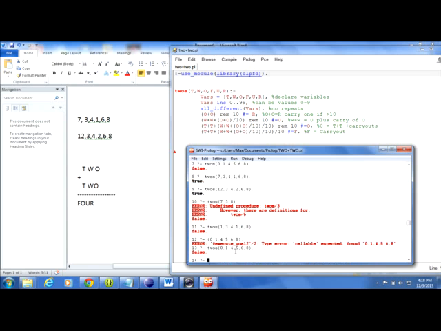However, we're going to fail because these don't work out. T plus T should equal O. However, here we specified that T was 0 and O was 4. So that obviously wouldn't work because 0 plus 0 is 0.